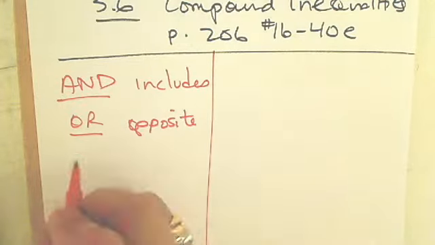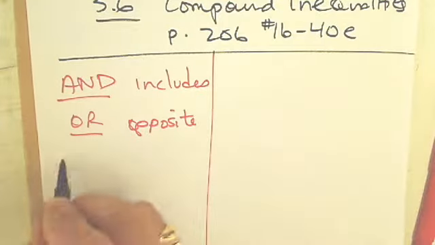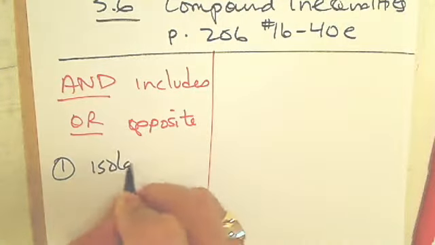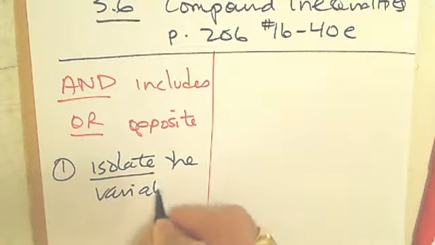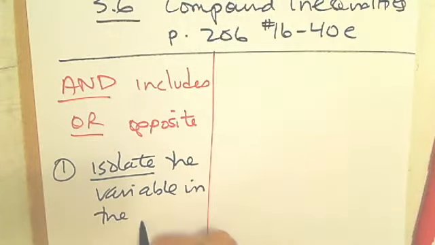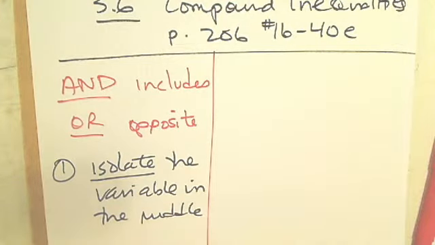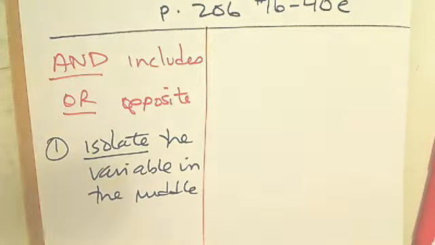Number 1. These are your steps. Step 1: isolate the variable, or the letter in the middle. This part probably won't make any sense to you until we actually work it out, and then you'll say, oh, this is easy.